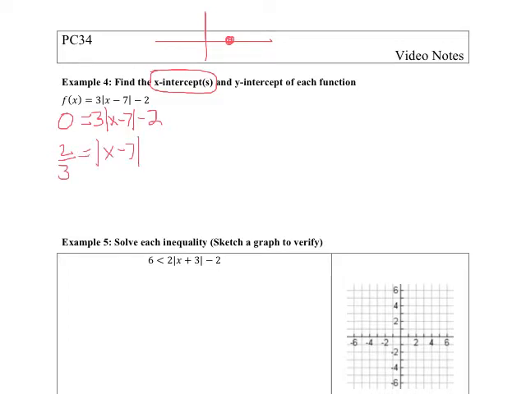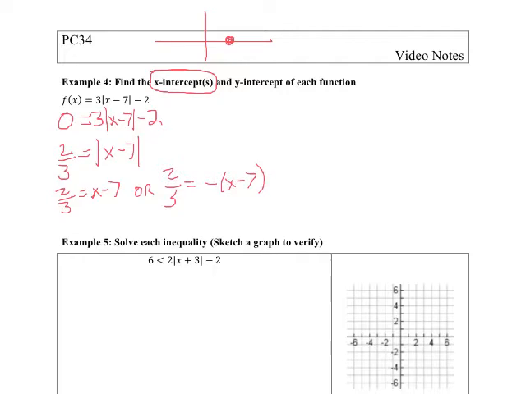minus 7, which means either 2/3 is equal to x minus 7, or 2/3 is equal to negative x minus 7. So if we solve each of these problems, we're going to get 2 answers.